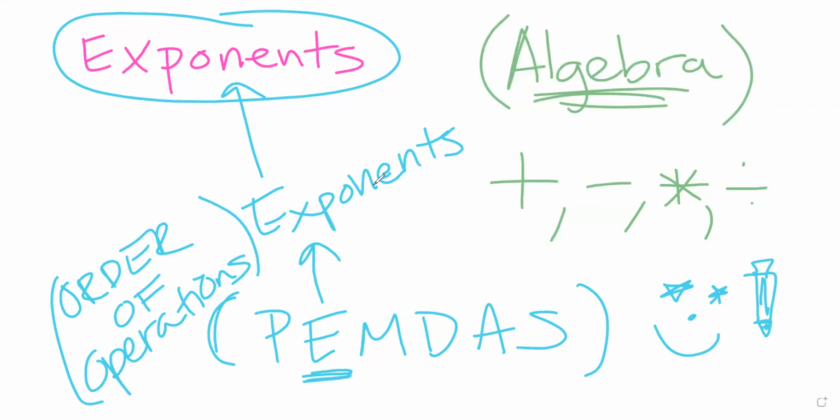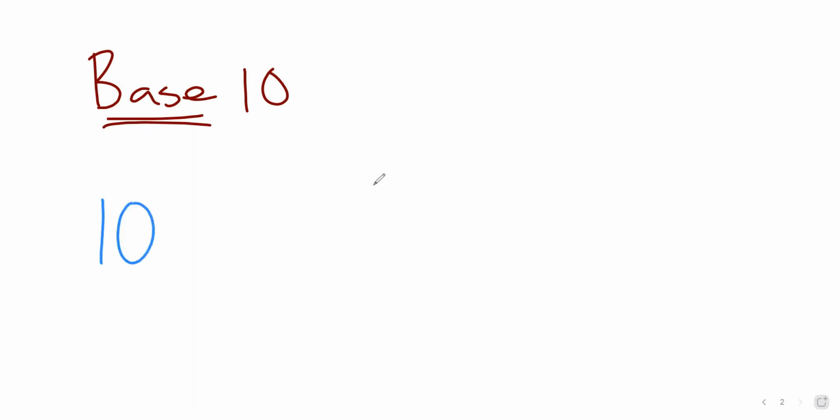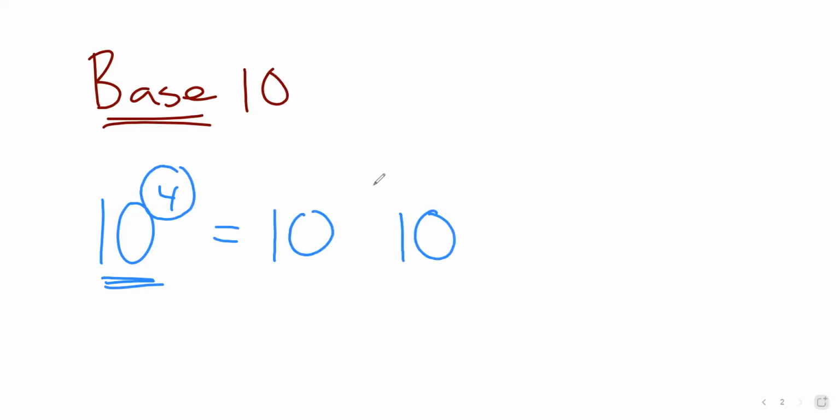Exponents. If you remember, our first run-in with exponents dealt with what we consider base 10 multiplication. Our base number was 10 when we did this work. So if I had 10 to the power of 4, that's stating that I have my base number, and I'm seeing my base number as many times as the exponent tells me.